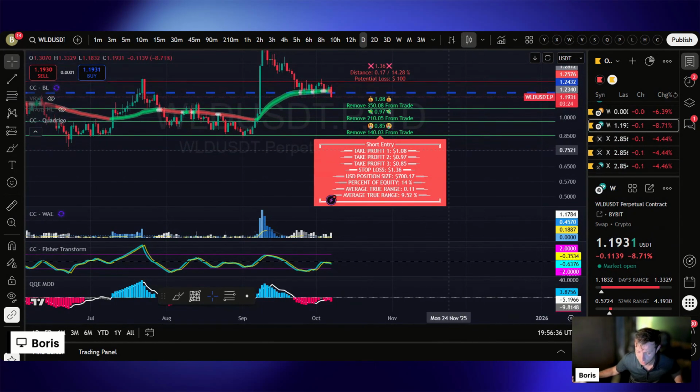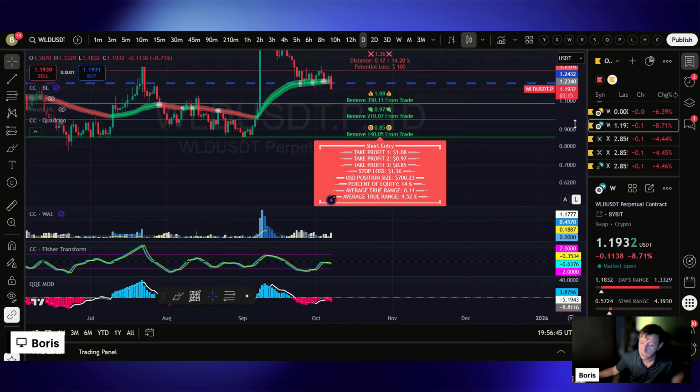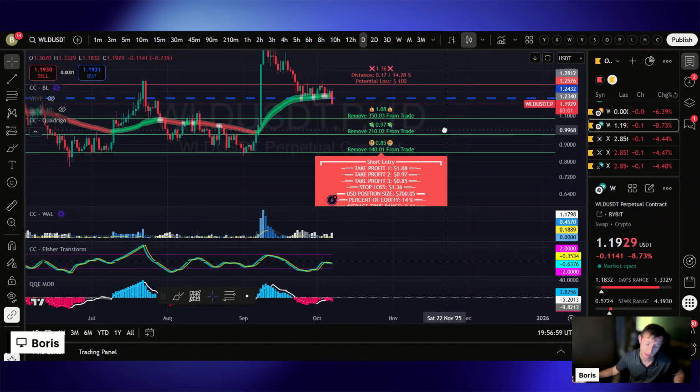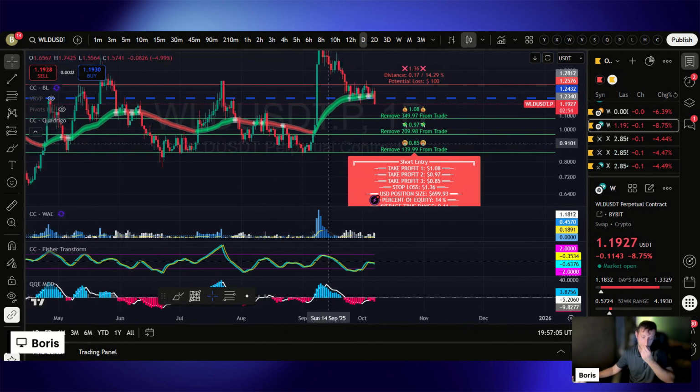The first thing we want to do is see what the average true range is. It is around 11 cents right now, or 9%. So we want to be taking profits every 9.5% that WorldCoin goes down, or every 11 cents that WorldCoin goes down. I like to use ATR-based targets because it's very mathematical, and there's no real guesswork involved about where the profit targets are going to be.